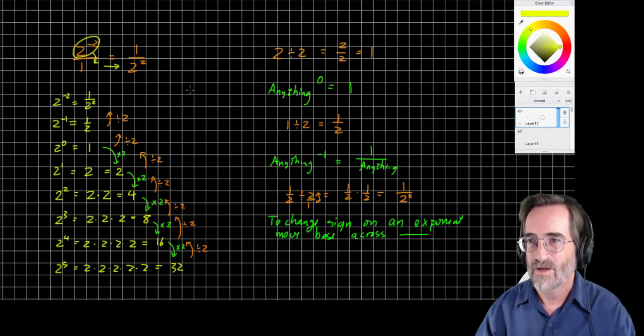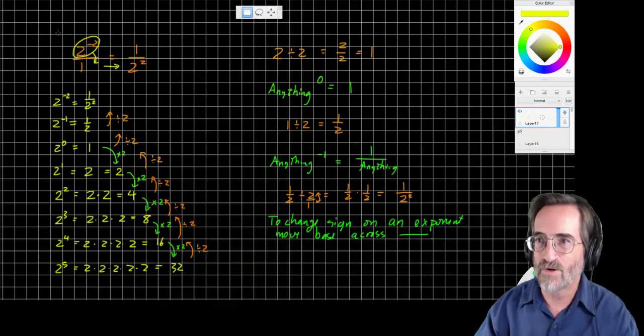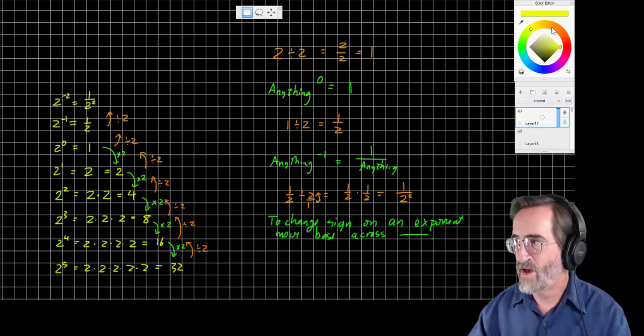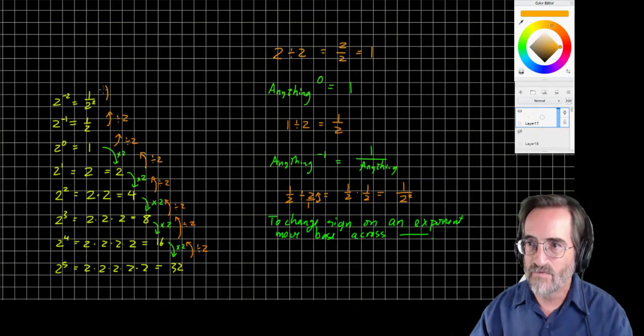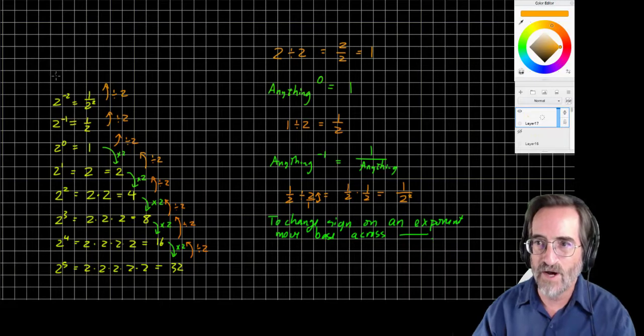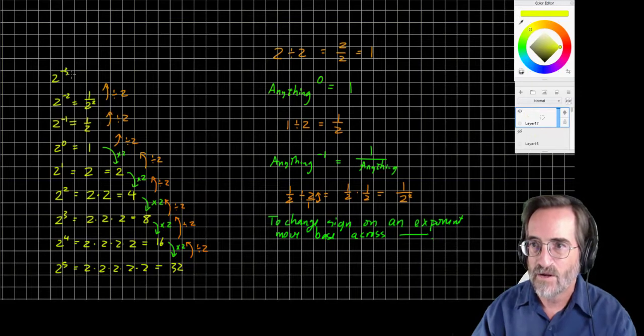Right? And just to continue the pattern one more time, and then we'll do some problems here. I'm going to divide by 2 again. And 1 over 2 squared divided by 2, just continuing the pattern, is 2 to the negative third equals 1 over 2 to the third.